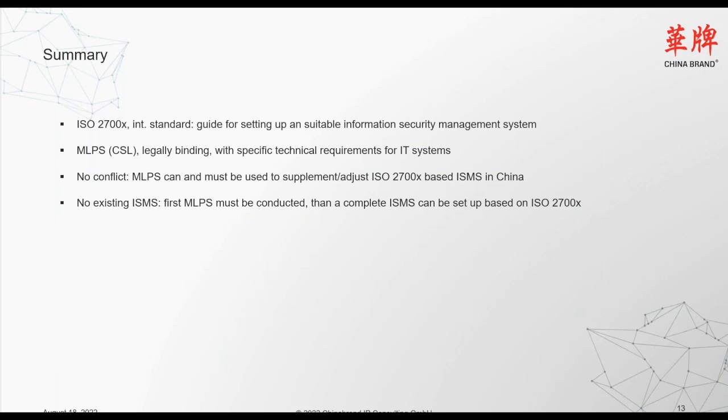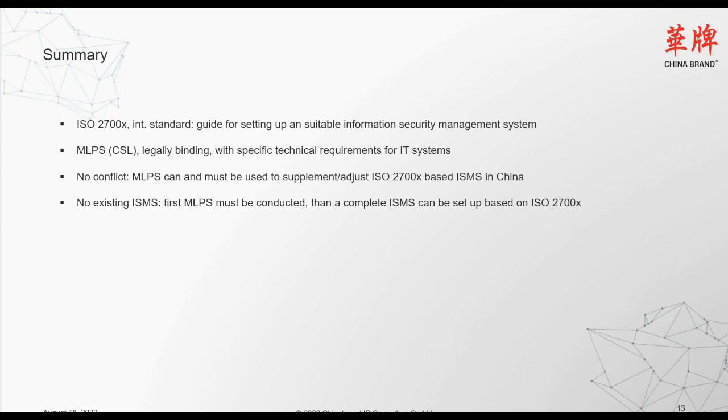So to summarize, the ISO 27000 series are international standards which help you to set up a suitable information security management system. The MLPS, in contrast, is a legally binding system with very specific technical requirements for IT systems, which needs to be followed.